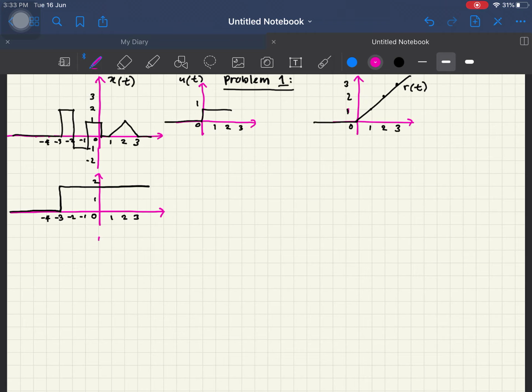Let's just construct the signal first. This signal is a step signal that undergoes a time shift of 2 seconds to the left.